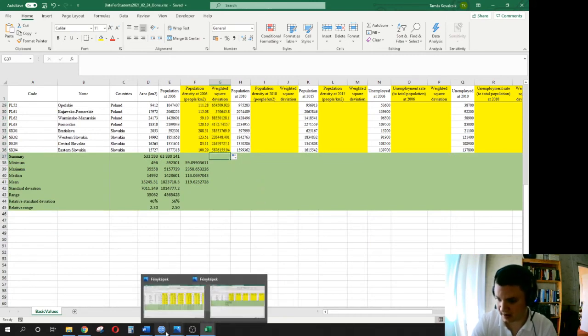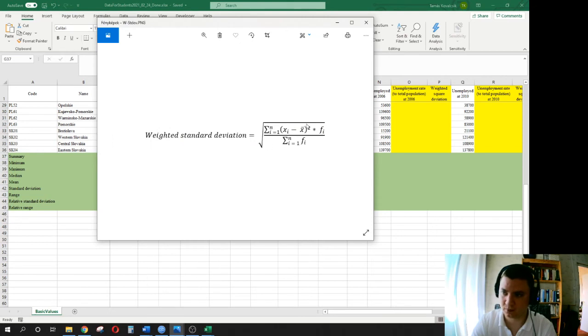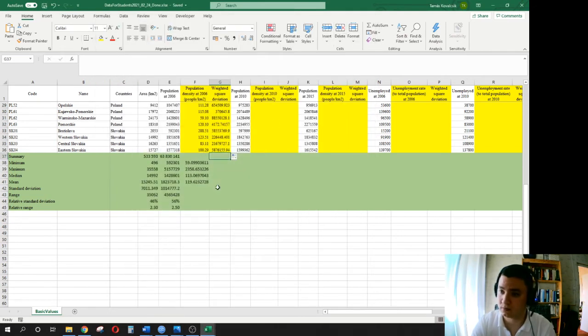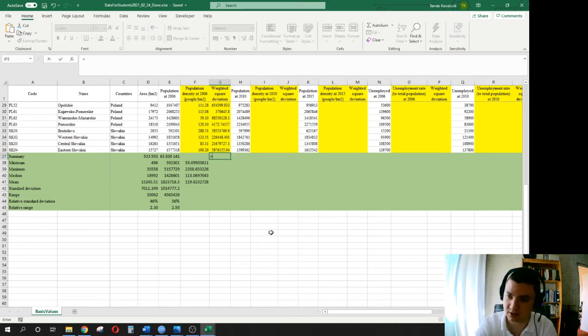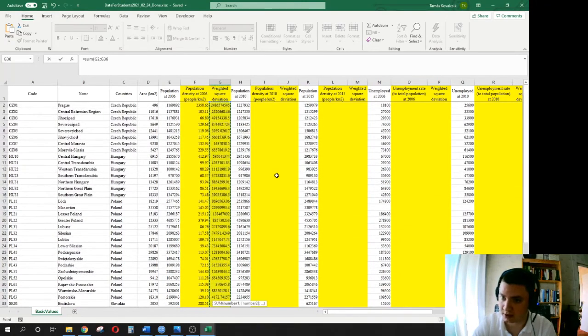And after that, make a summary in the summary row. This is a good cell for the summary. Make a summary.